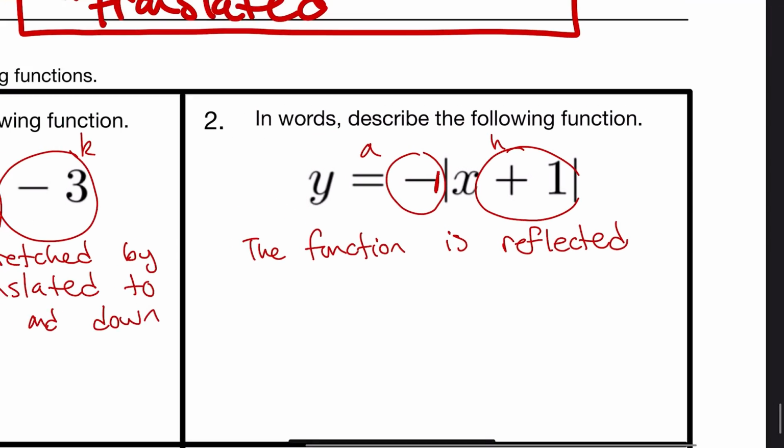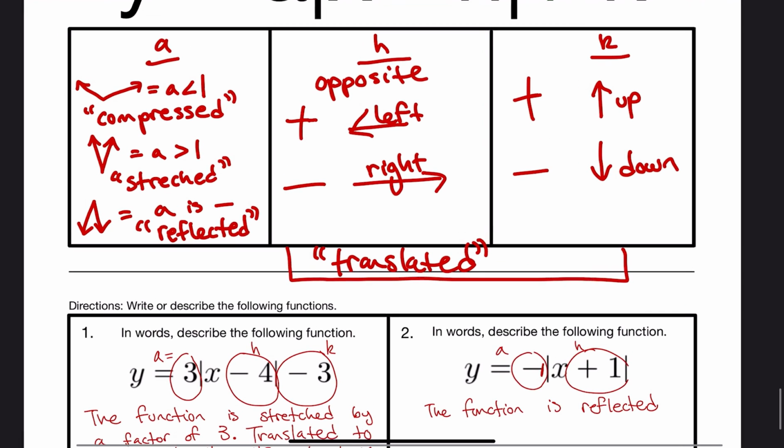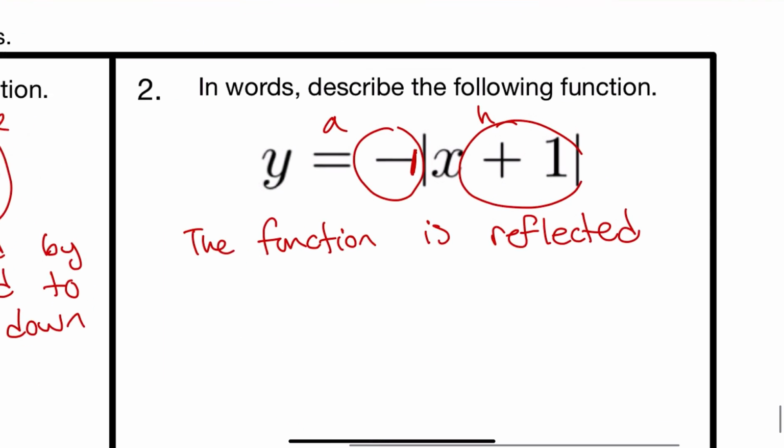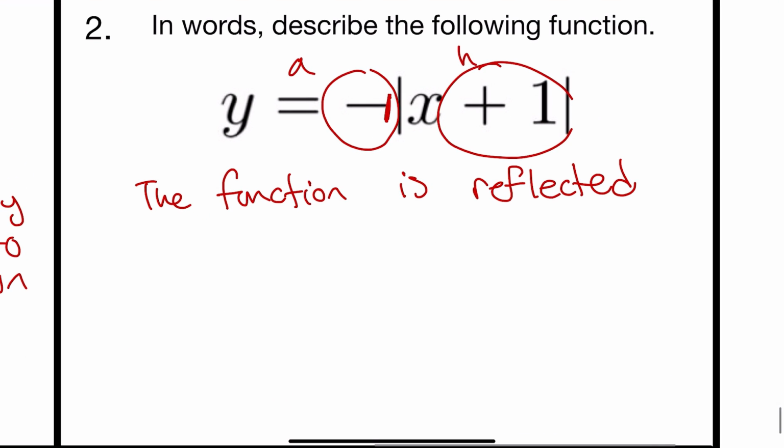That negative matters because remember, in our descriptions, if A is negative, we need to say that it's reflected to show that it's pointing downwards. Okay, so it's reflected and it's also equal to 1. So remember, when we said A was equal to 1, there was no word to describe that. So we're just going to say that A is reflected and translated.